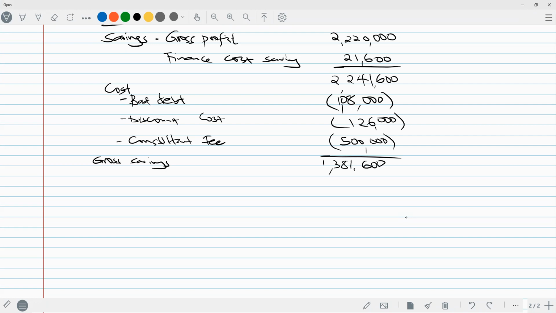Of course, you have to pay tax on the income you've just made. Therefore, tax at 30%. How much tax do you pay? You pay a tax equivalent to 414,480. Therefore, net saving.